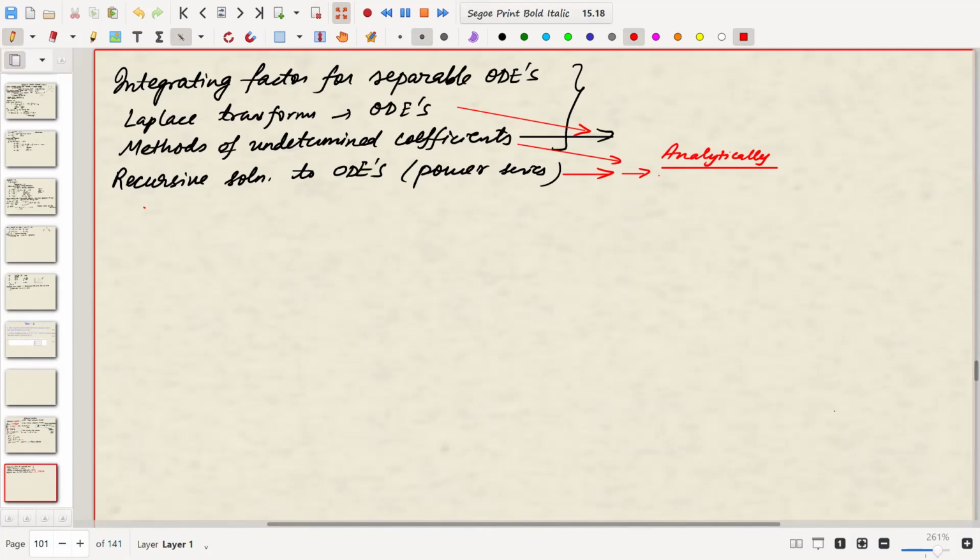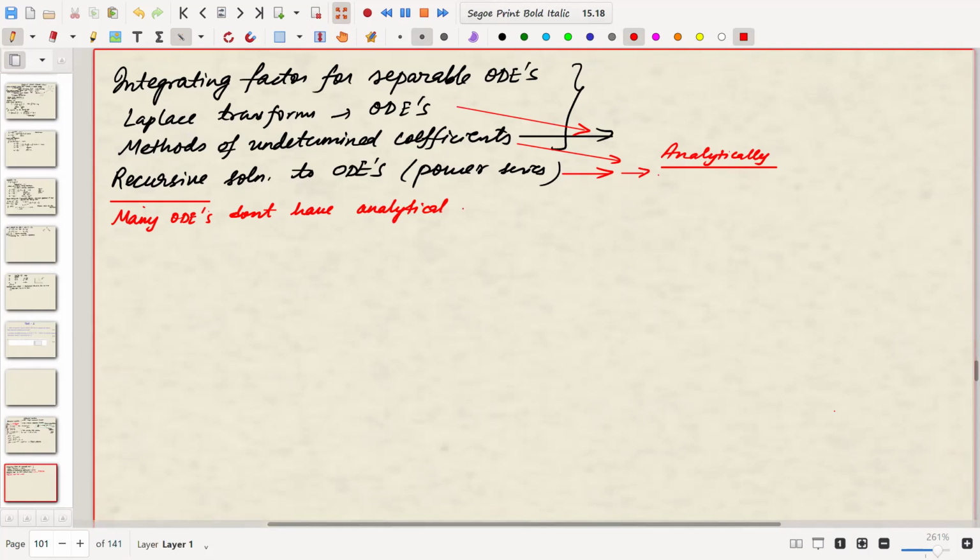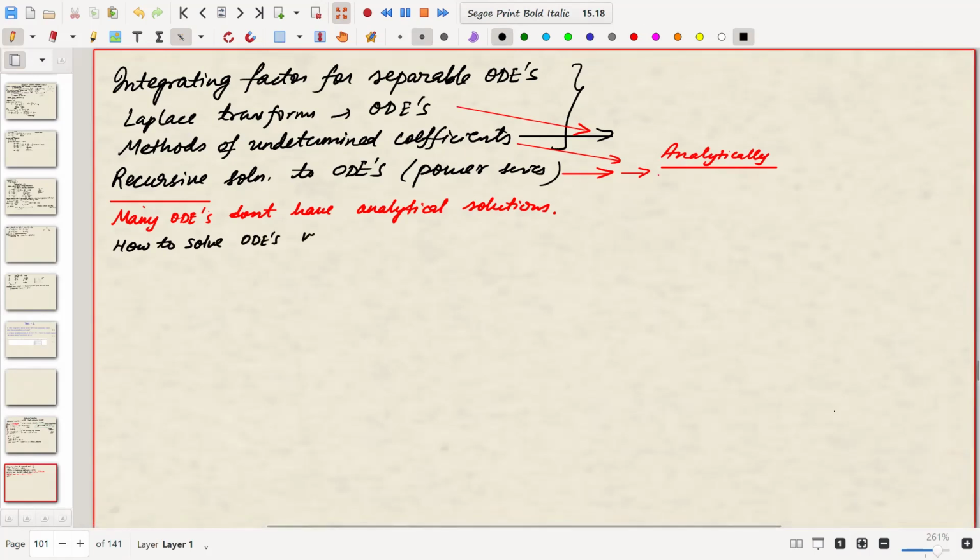Therefore, many ODEs don't have analytical solutions, so you can only resort to numerical methods. So how to solve ODEs via numerical methods?